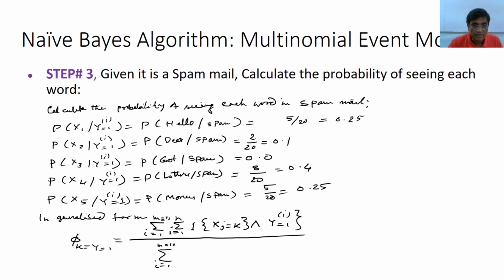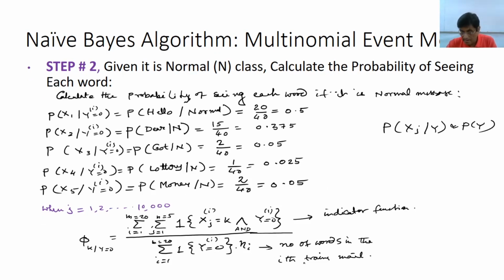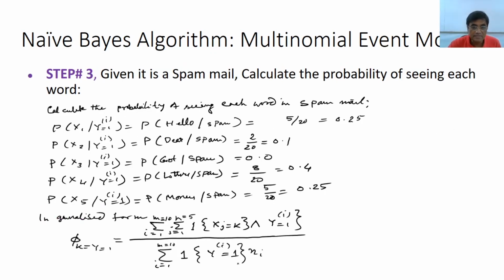N is 10, and n is of course 5. So indicator function y_i, n is again number of words, as is the number of words in the ith training mail or message.